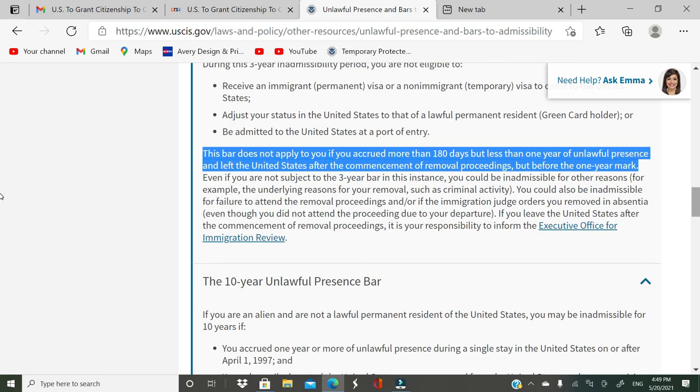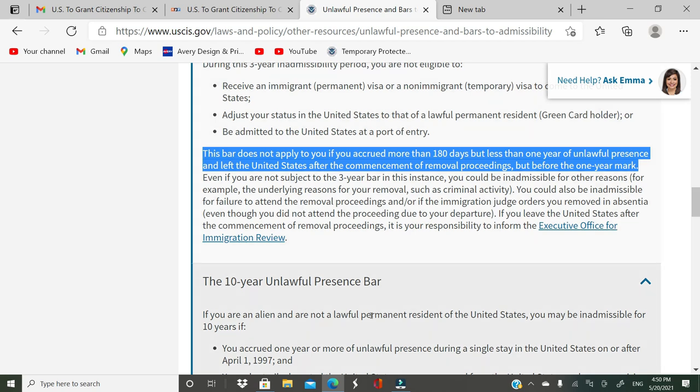You see how they're wording this, but you could also be inadmissible for failure to attend the removal proceeding, and then the judge orders you removed in absentia, so without you being there.